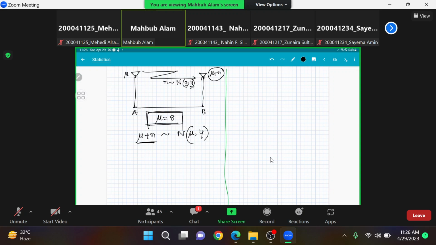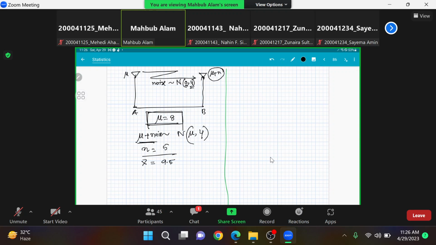To do so, we receive 5 signals. So N equal to 5, and the sample mean of the 5 measured signals is found to be 9.5.